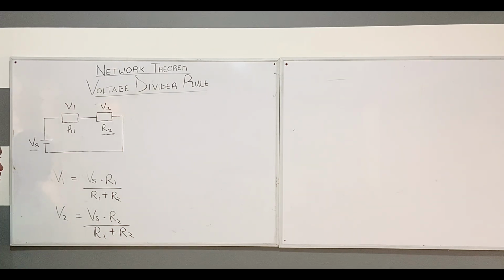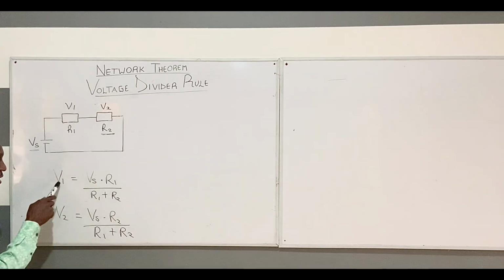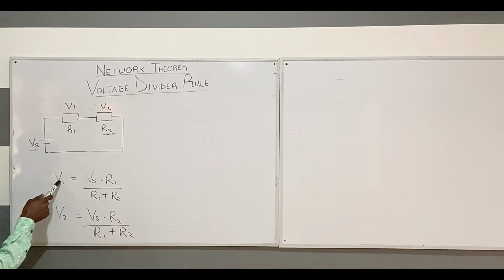From this analysis, it is very important that sometimes you need not worry yourself to find the second voltage if you already know the first voltage. In the same way, if you have the value of the second voltage, you don't need to find the first voltage by using the same formula. All you need to do is subtract this value from the source voltage to get the answer for V1. Or if you have V1, you can also subtract its value from the source voltage to get V2.